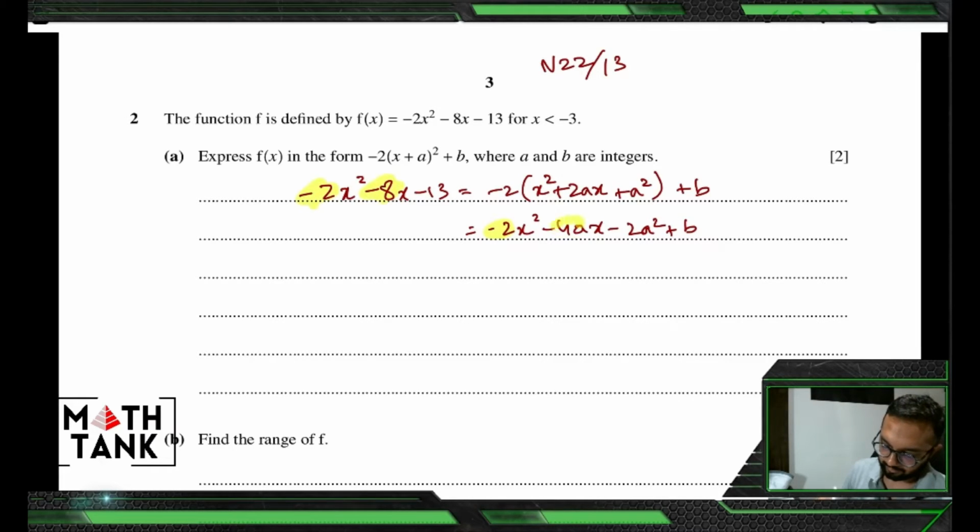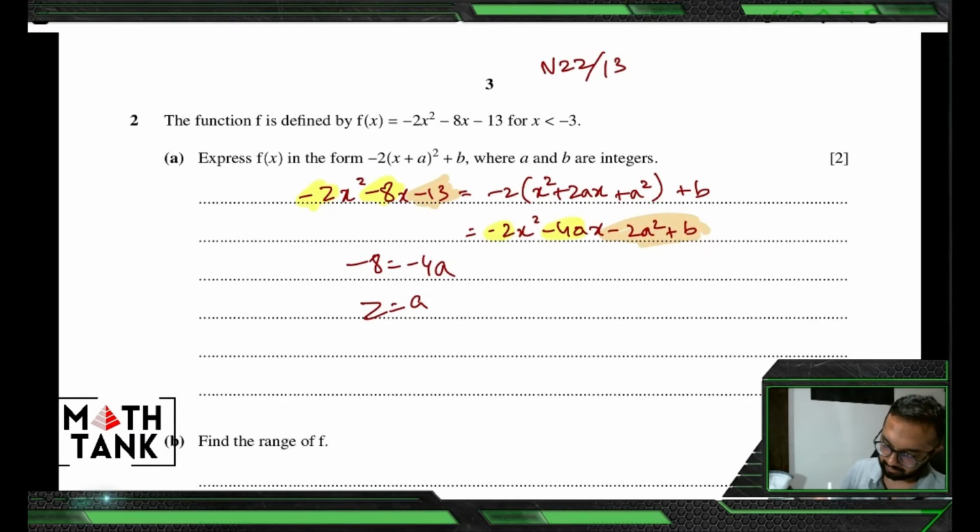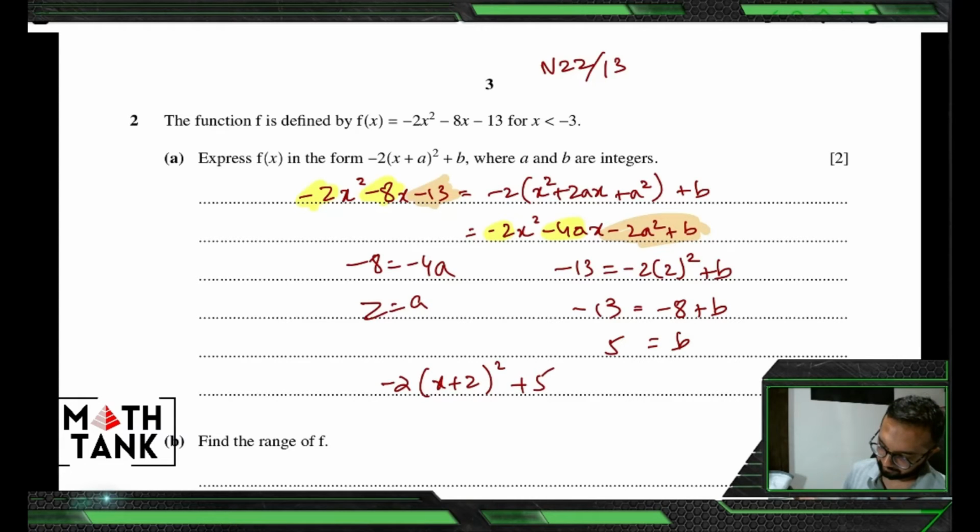That's fine. So 4 minus 8 should equal minus 4a. So a should equal 2. And minus 13 should equal minus 2a squared plus b. So b is 5. So I get minus 2 times x plus 2 whole square plus 5. No, that's minus 5, sorry, minus 5.